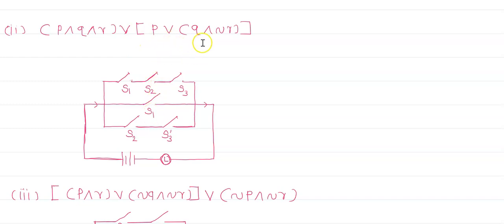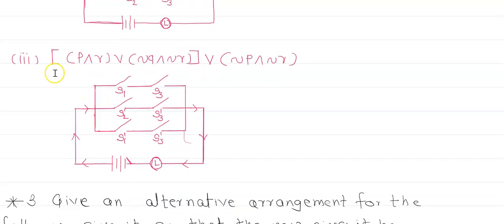Again they are parallel with Q and negation of R, which are in series, that is S2 and S3 dash.